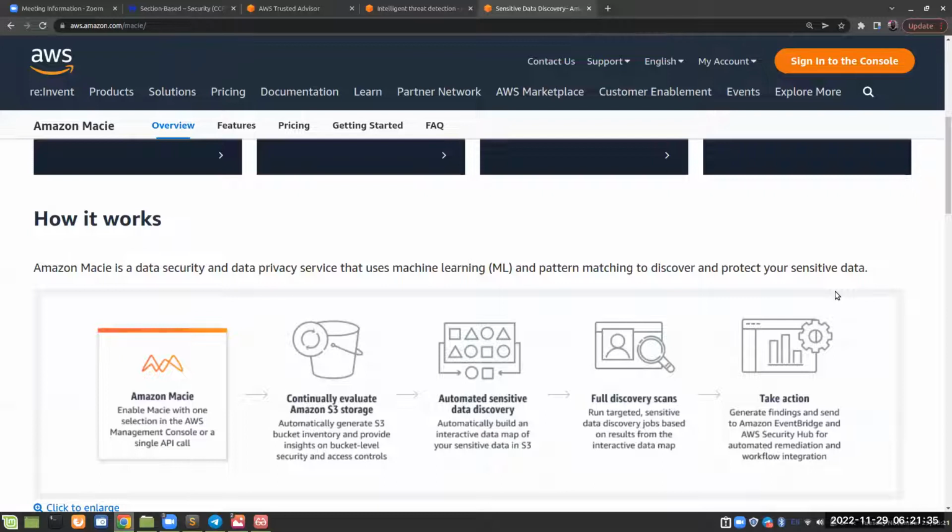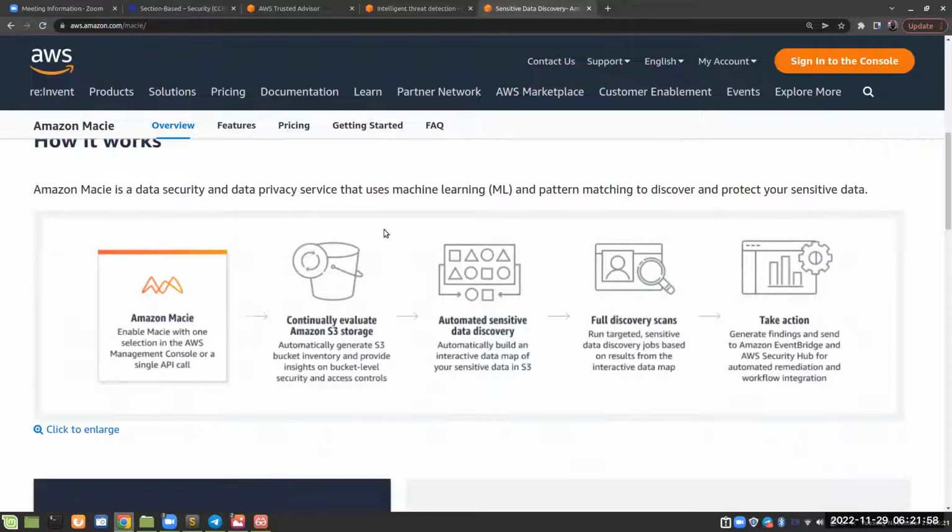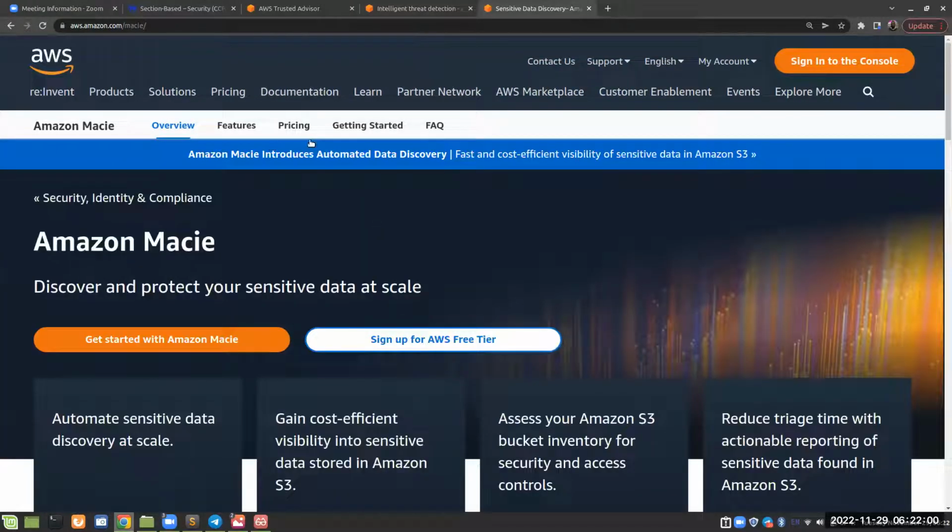And personal identifiable information can be something like your date of birth, your social security number, maybe your bank account details. So if you accidentally upload this on AWS, it has the possibility to detect this information and then protect it, right? Because it's sensitive information that is kind of private.